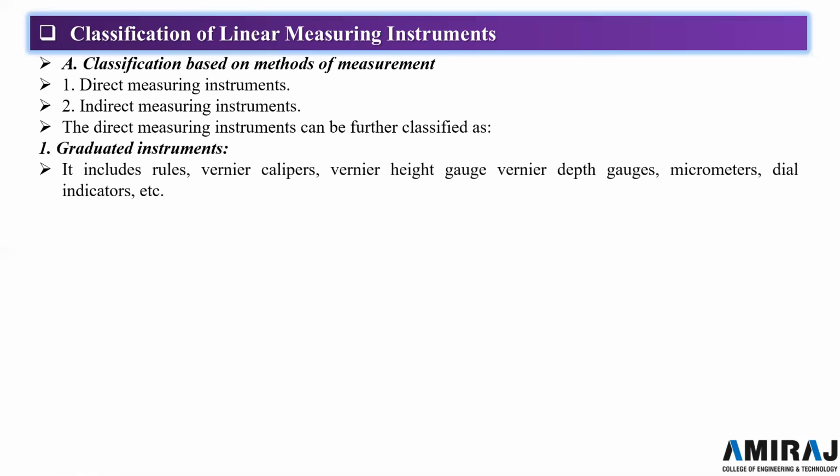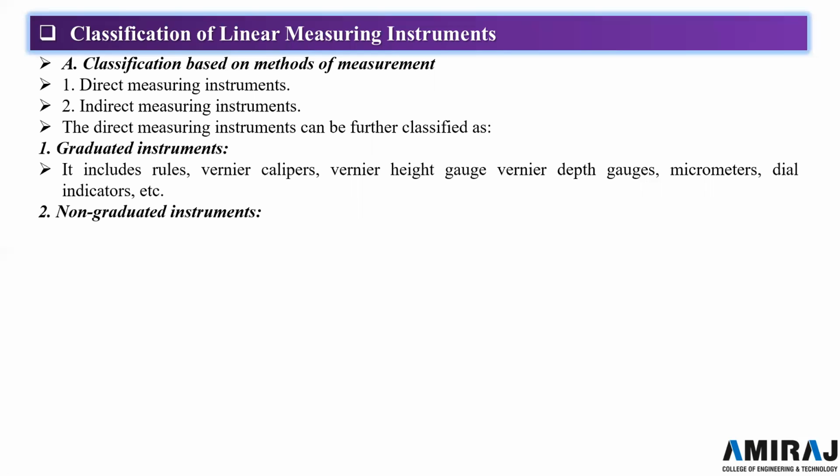It includes the rules, vernier calipers, vernier height gauge, vernier depth gauge, micrometer, dial indicator. Step by step, I'm going to explain all of this in the upcoming sections.